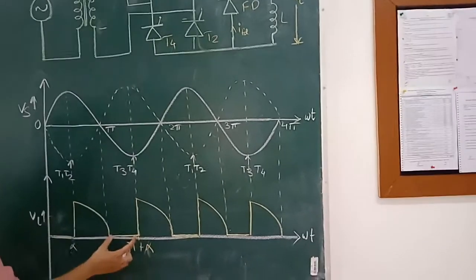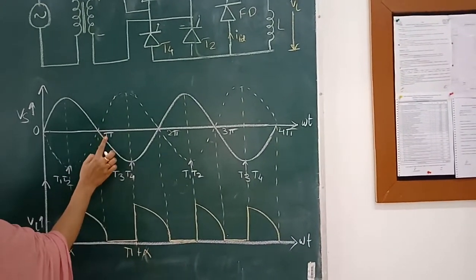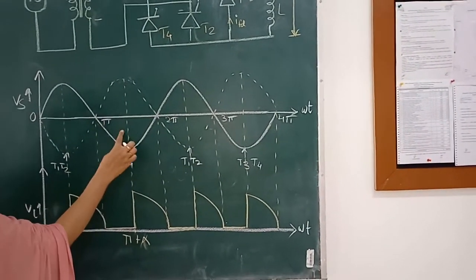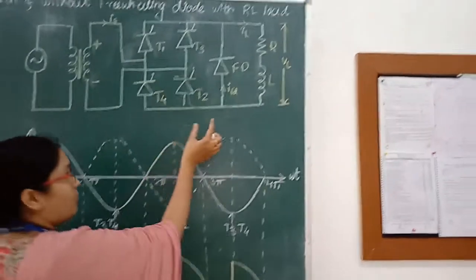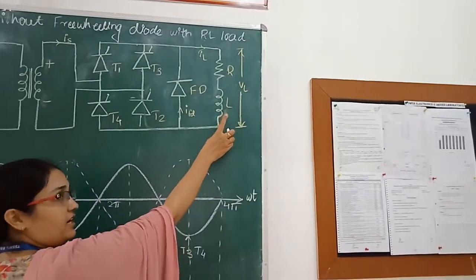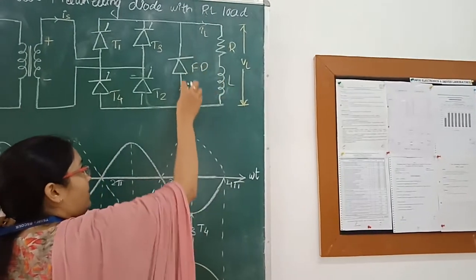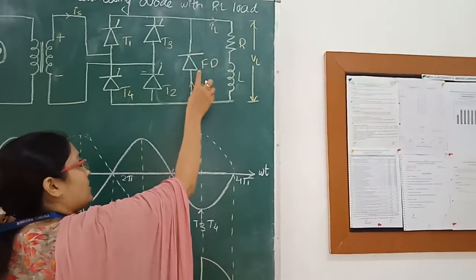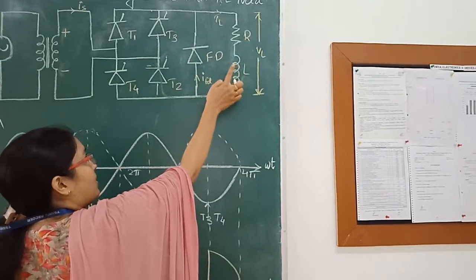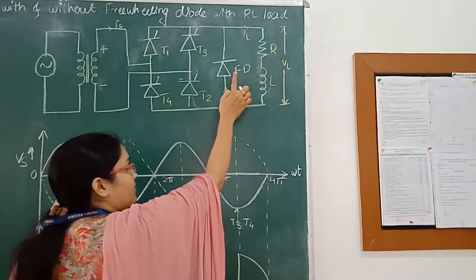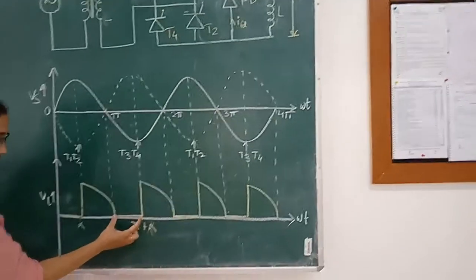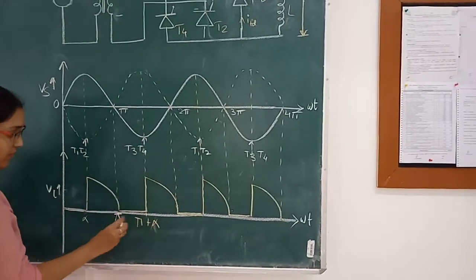Now from pi to pi plus alpha, whatever energy is stored in the inductor is released through this freewheeling diode, and this freewheeling diode will behave as a short circuit. So the output voltage across the load will be 0, which is shown here from pi to pi plus alpha.